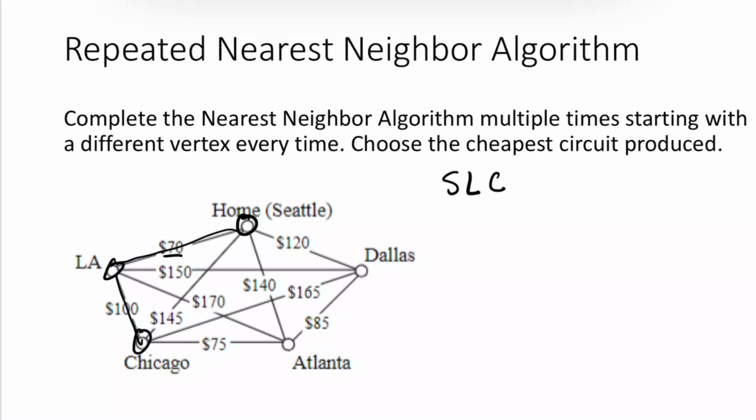So between Dallas and Atlanta, it looks like the cheapest one is 75 to Atlanta. And then I would go to Dallas, which is 85. And then I have to go back to Seattle to close up my circuit. And so that would be the circuit that would be created if I start at Seattle.